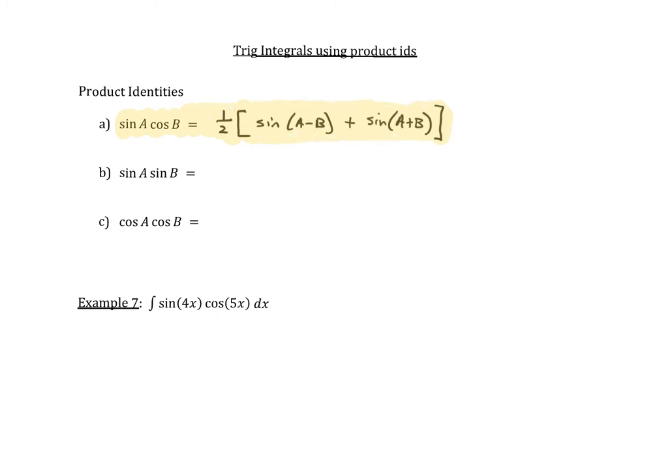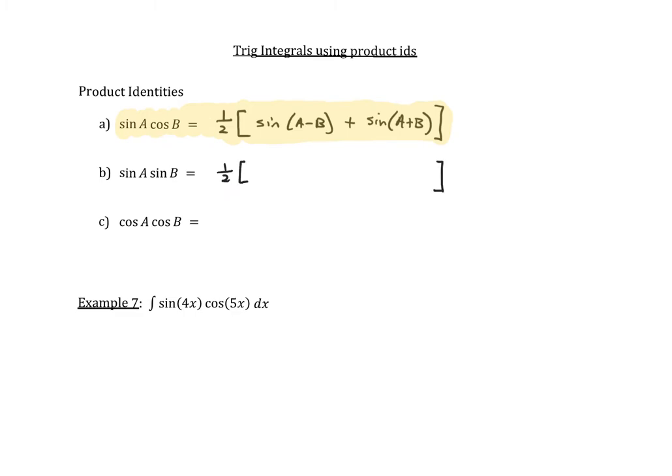So let's take a look at the second product. The second product, instead of having a sine and a cosine mixed together as a product, we have two sines. So it's going to have the same basic shape, which is 1/2 square bracket.